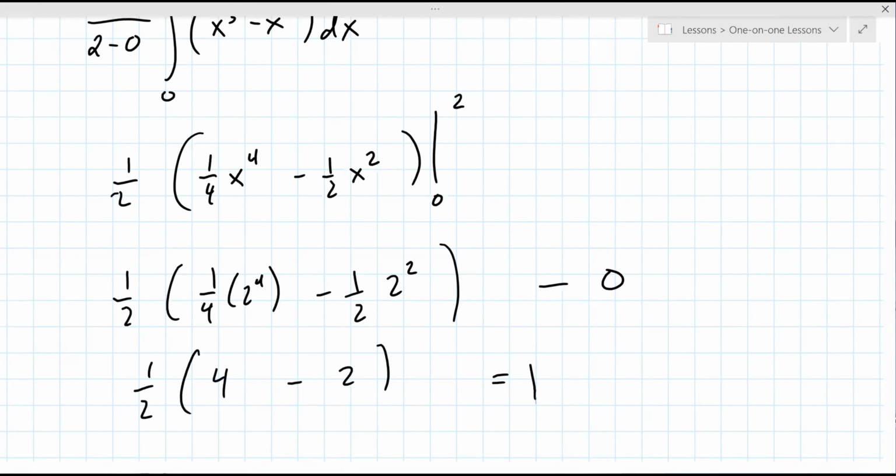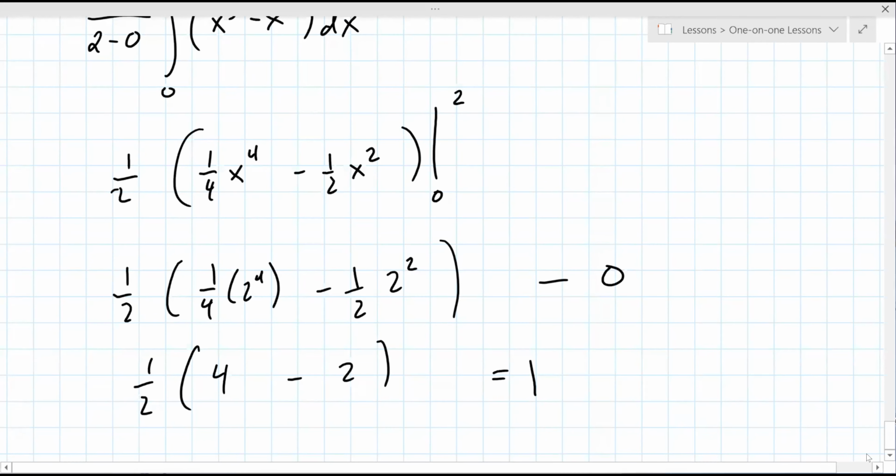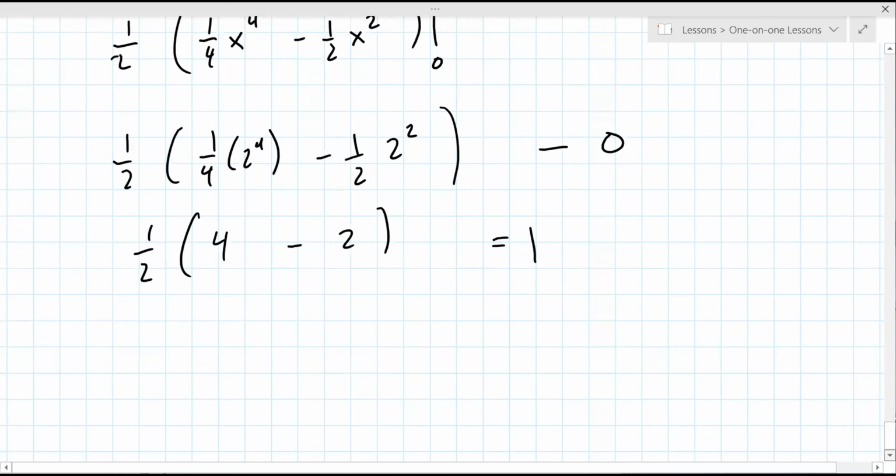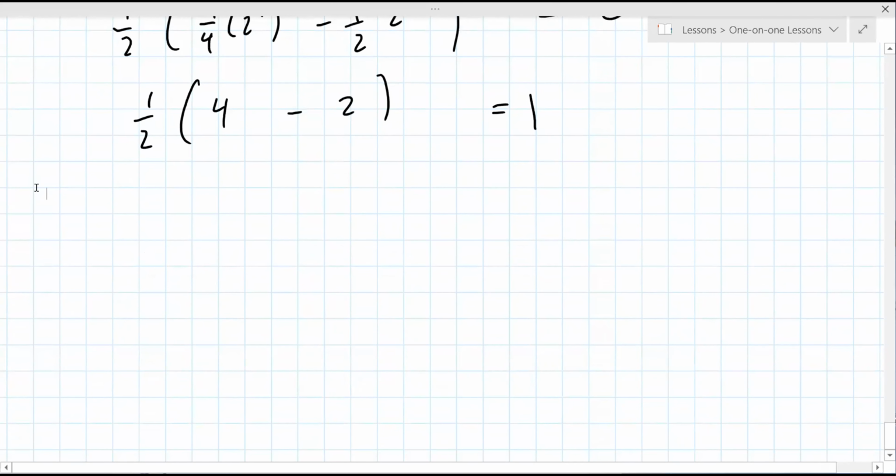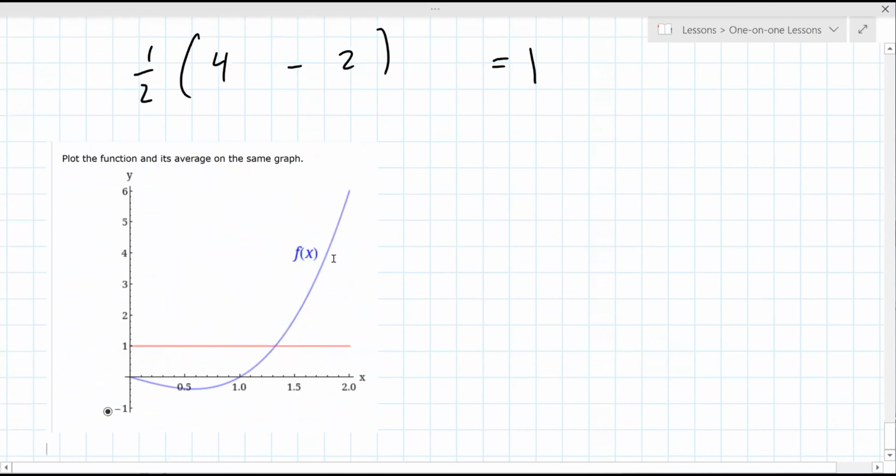So when we're looking at the graphs, and I know you can't see it, you're looking for the one that goes through y equals 1. There's only one of them that does that. Let me snip that in to illustrate that, because it's kind of important to know. I know you're not taking physics or statics, but what we're actually doing is calculating a balance point or a center of mass in the y direction.